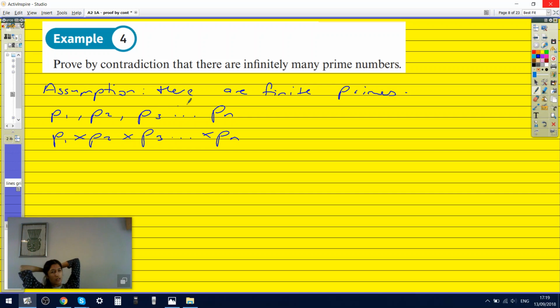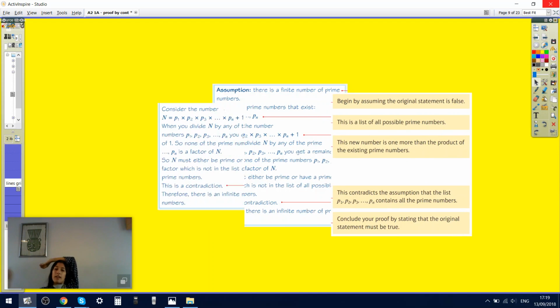Okay. And then what would happen if you were to add 1 to that? It would be a prime number. So I believe so, because there's no number that is a factor for that, and therefore that's what it would be.